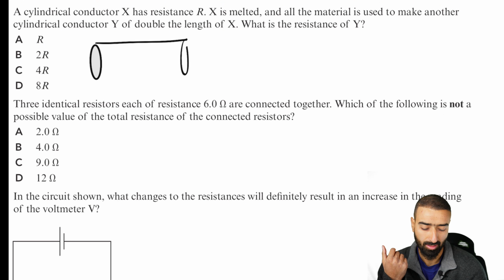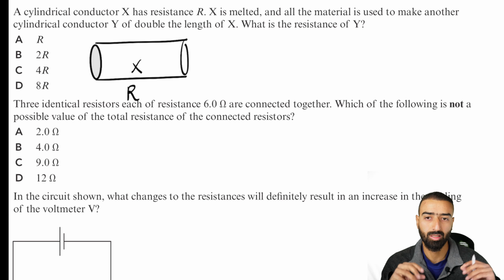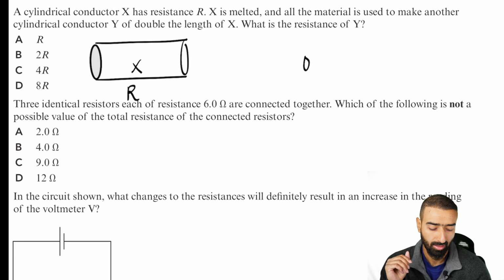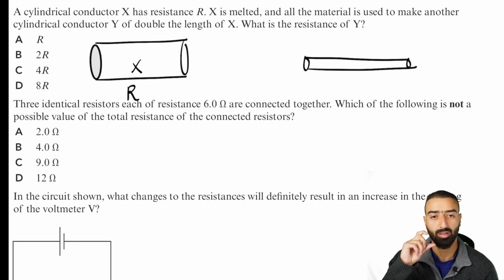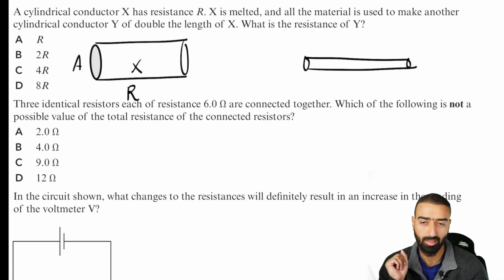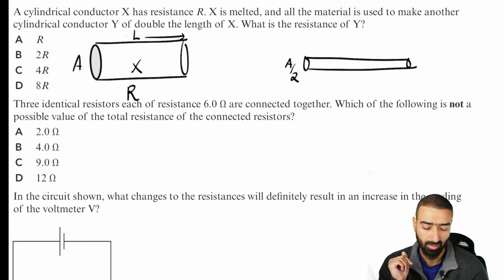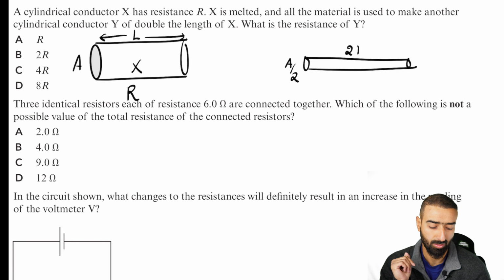If this is conductor X, its resistance is R. And if we melt it and make another cylindrical conductor that has double the length, its cross-sectional area has to decrease by half. So if the cross-sectional area here is A, it has to be A over 2 in this case. If the length is L, the length in this case is 2L.